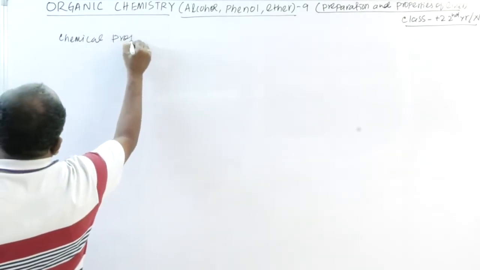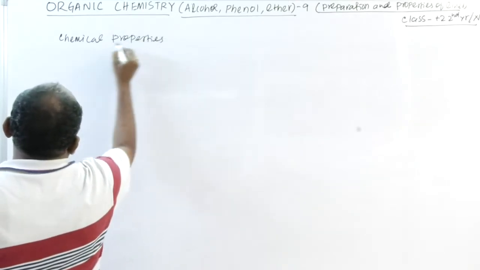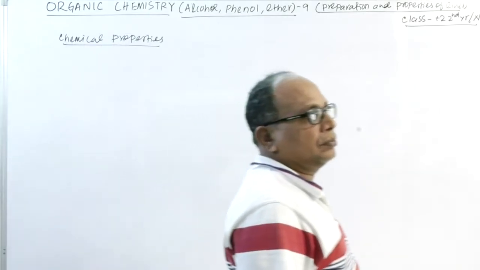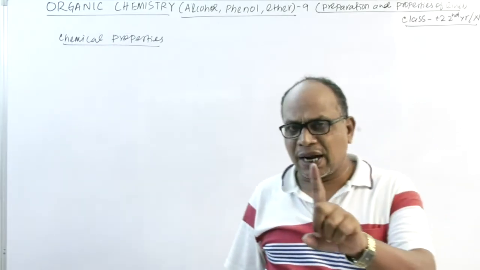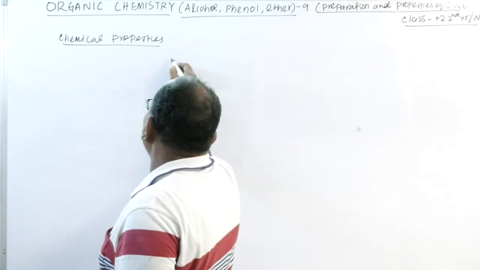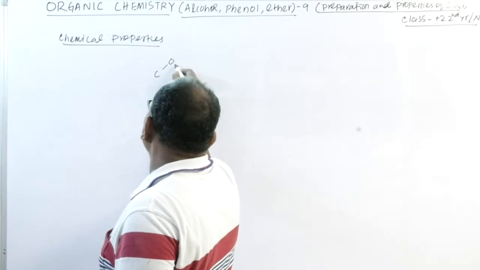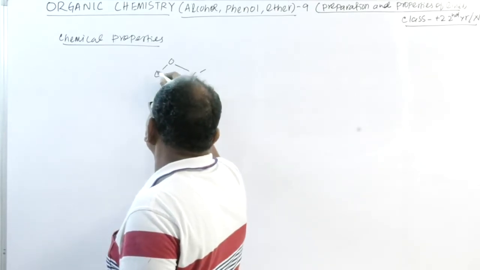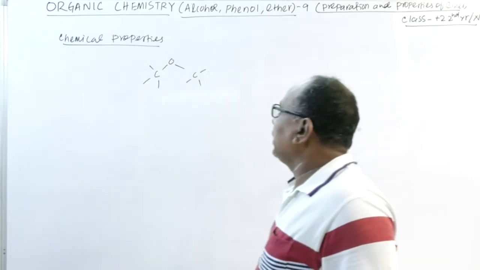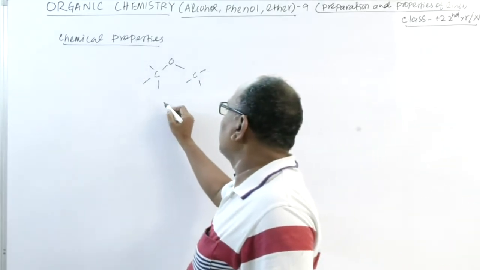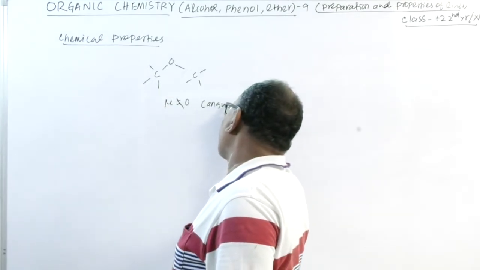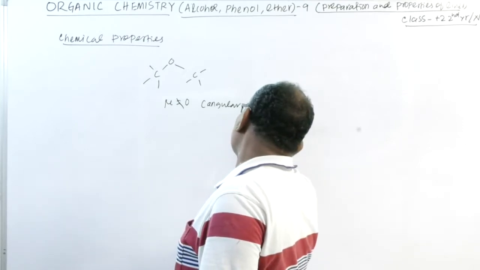Chemical properties. In ether, mind it, the dipole moment of ether is not equal to 0 because of the angular shape. In ether, the oxygen-carbon, oxygen-carbon bond is there, and the dipole moment of this molecule is not equal to 0 due to the angular shape.